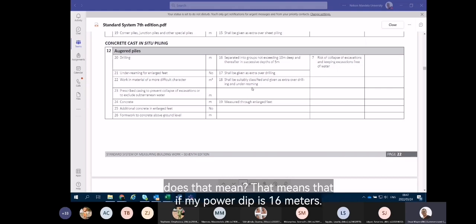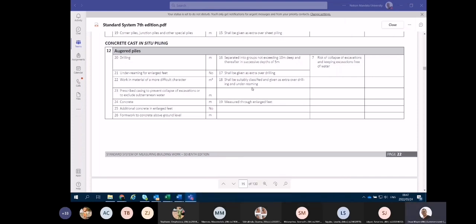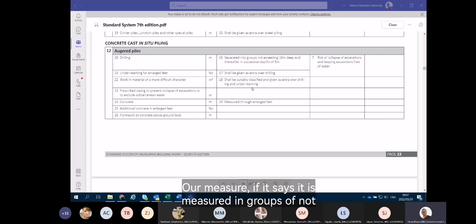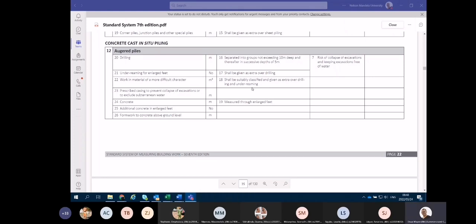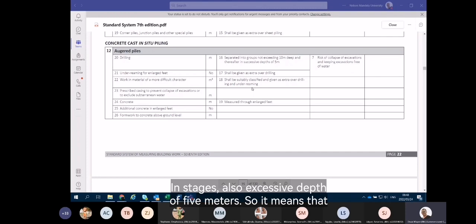It means that if my pile depth is 16 meters, I would measure in groups not exceeding 10 meters deep, and thereafter in stages of successive depths of 5 meters.